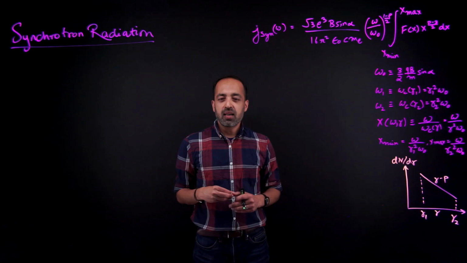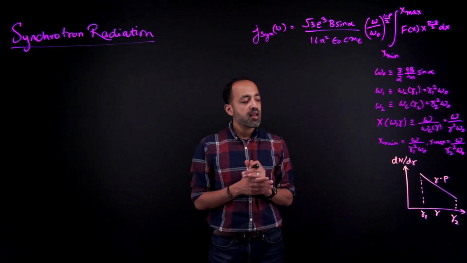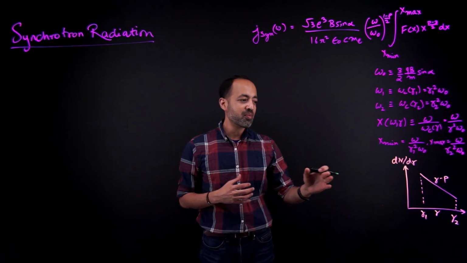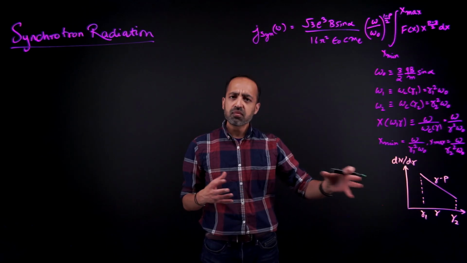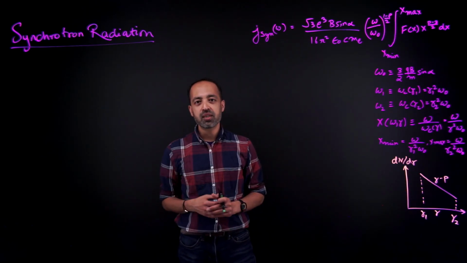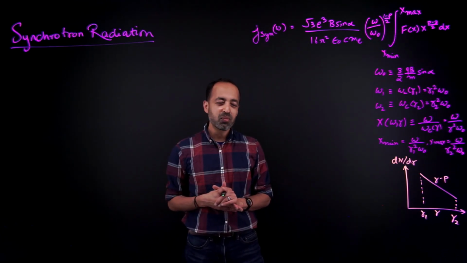And then we said in the first video of this little segment, let us get some physical insight from this. And we found that just from some physical arguments, a power law distribution of particles results in a power law synchrotron spectrum. And then we said, well, let us do this a little more rigorously, a little more mathematically.